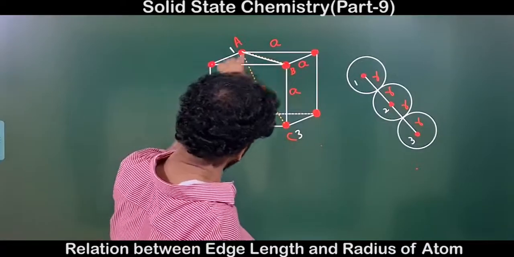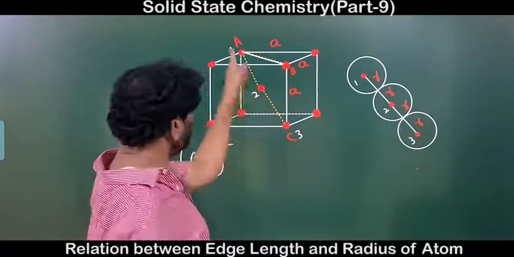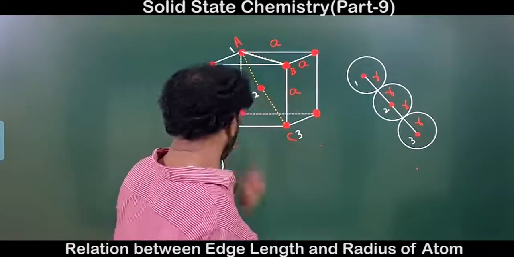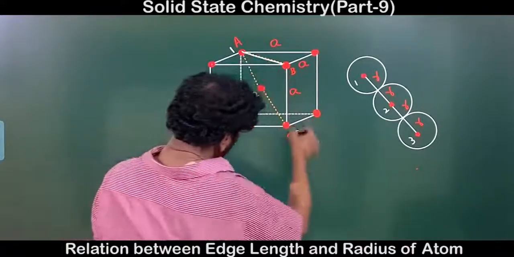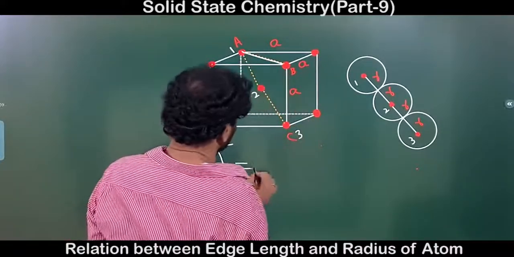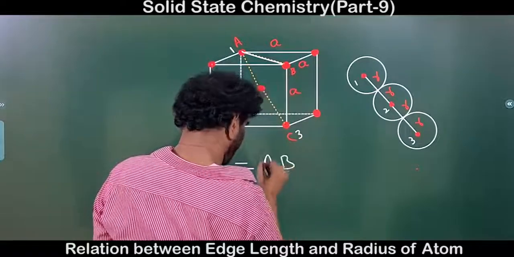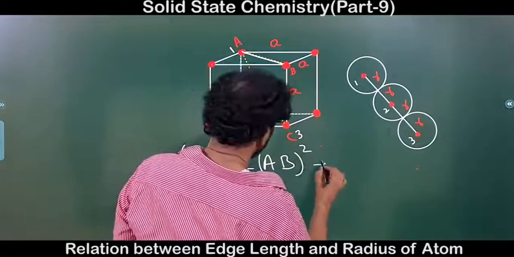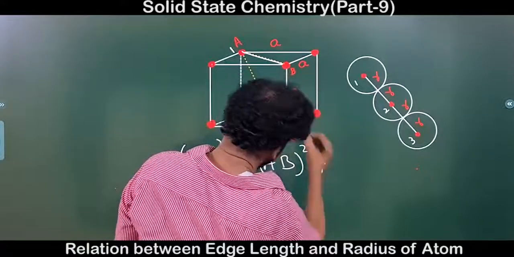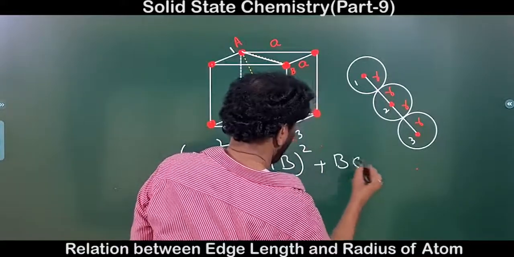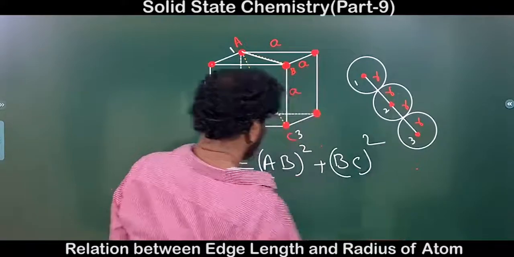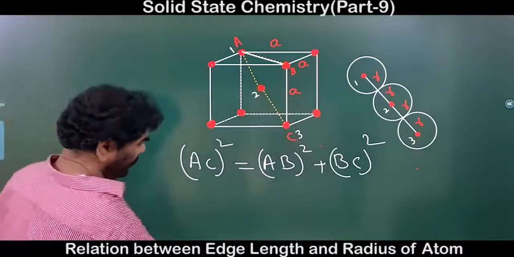This length is not equal to the edge length. This is the face diagonal, this is the body diagonal. The body diagonal is AC. AC square is equal to AB square plus BC square.